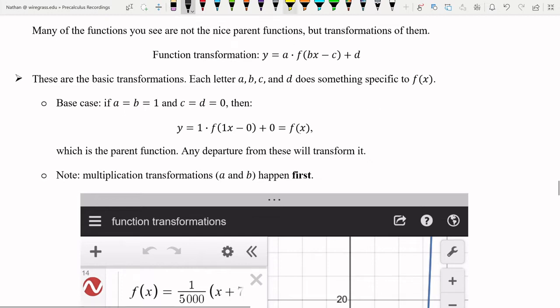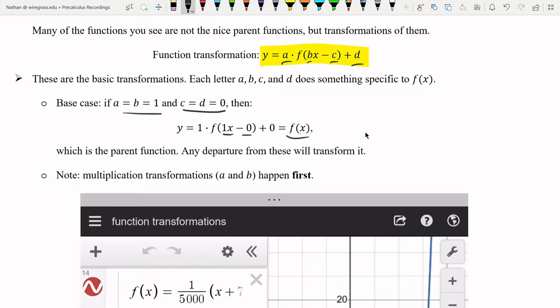And function transformation is always written like this, where you have some function f of x, and then you have these four real numbers that are specified, a, b, c, and d. Now, if a and b are just 1, and c and d are 0, you get the function back. So a and b equal to 1, c and d equal to 0.